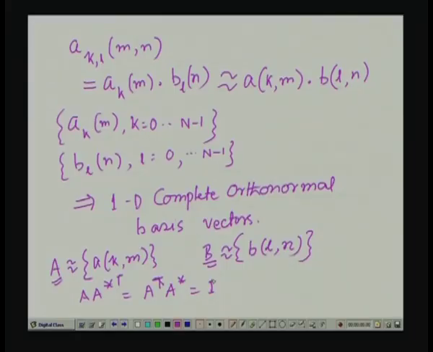In the original form, we had a computational complexity of the order capital N to the power 4, and we will see whether this can be reduced. Now, in most cases, we assume these two matrices A and B to be the same.